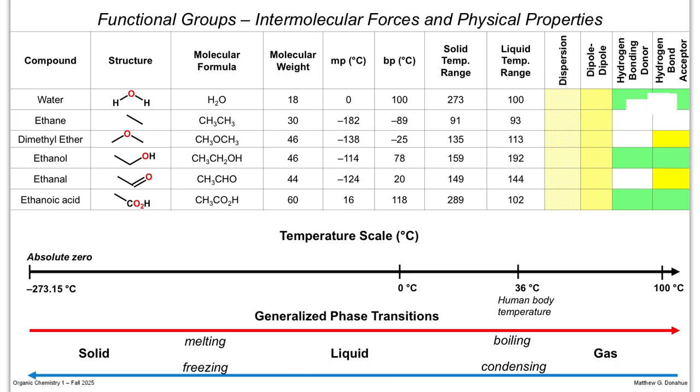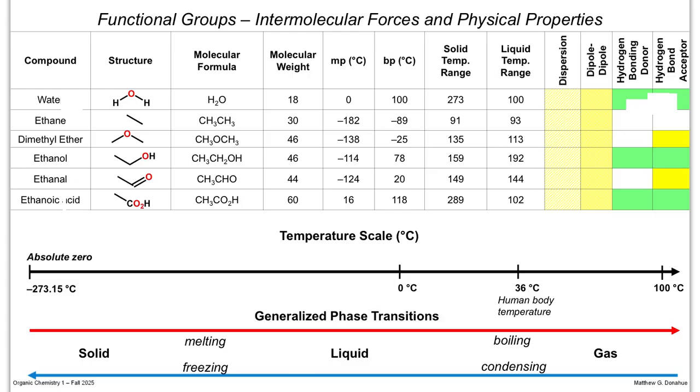The green ones are strong. So you'll notice that the compounds listed, so we have water, ethanol, ethanoic acid. Those are the rows with the green highlighted, hydrogen bond donor acceptor. So they have the strongest non-covalent interactions you can get.